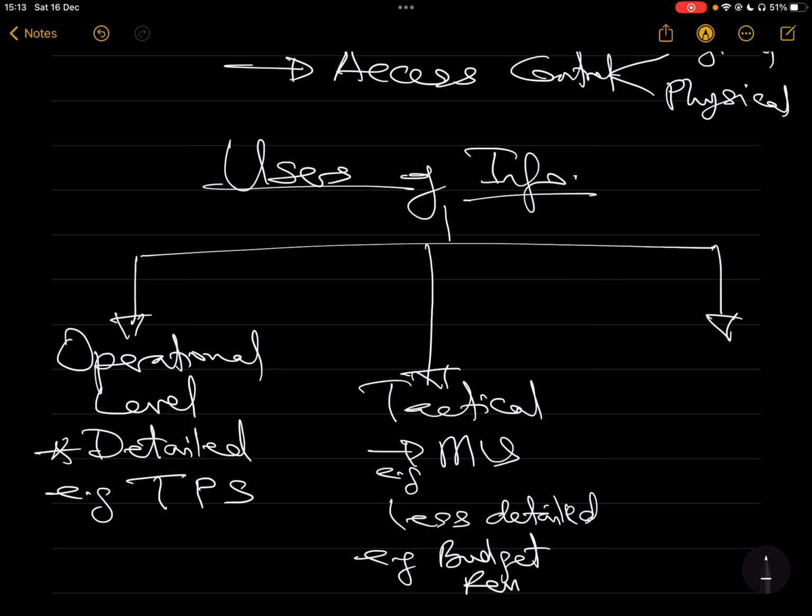This is not done day to day. Usually, this is done on a quarterly basis by organizations. So they are used in decision making, cash forecast, all of that, but they are not a day to day document. They are a bit detailed, but not as detailed as the operational level, and they are used by managers usually. Remember, I said the operational ones are used by the officers on the shop floors.